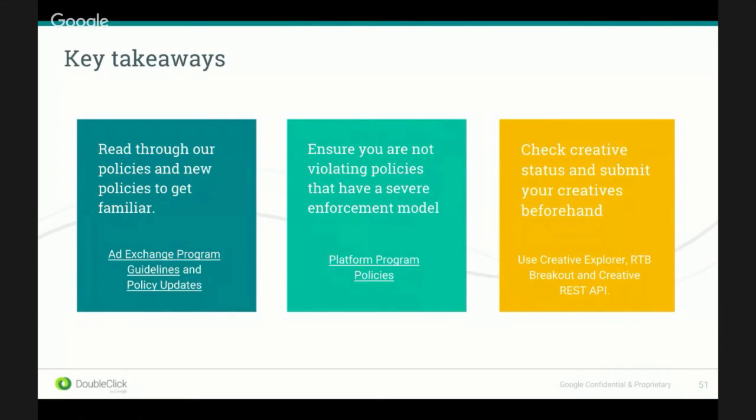The other thing to note is to ensure you're not violating the severe egregious violations, and these are all listed on the platform program policies link there. We also presented a couple of tools to check the statuses of your creatives: Creative Explorer, RTB Breakout, and Creative REST API. Those are all available to RTB buyers and UI buyers. Please do have a look there.